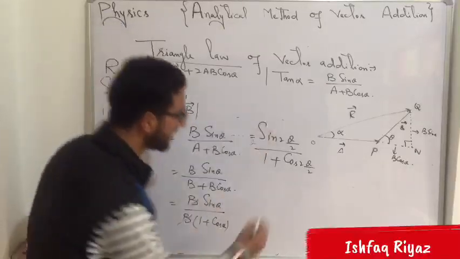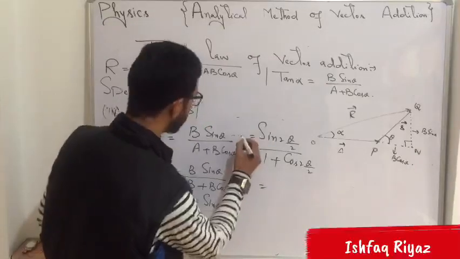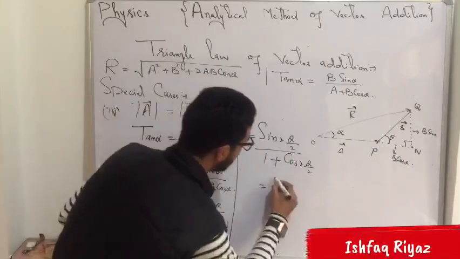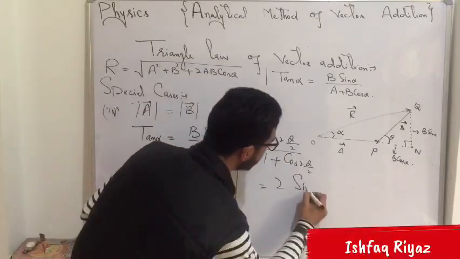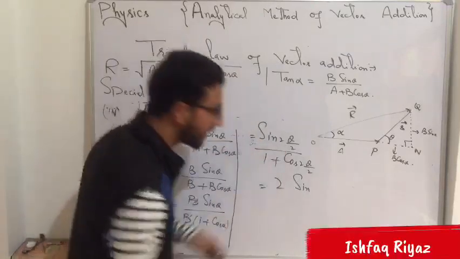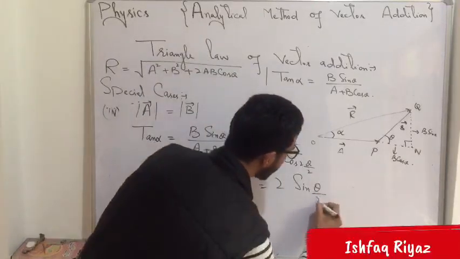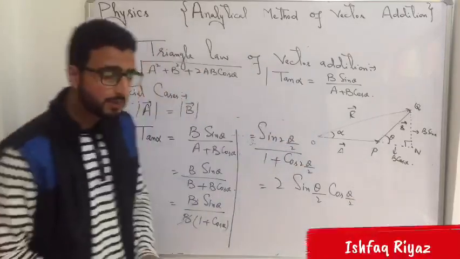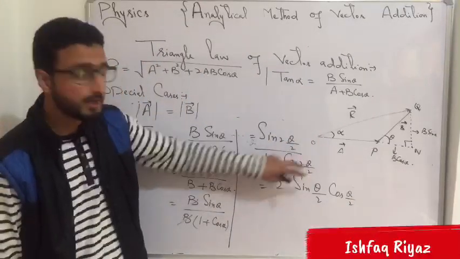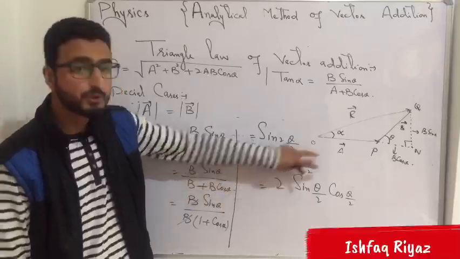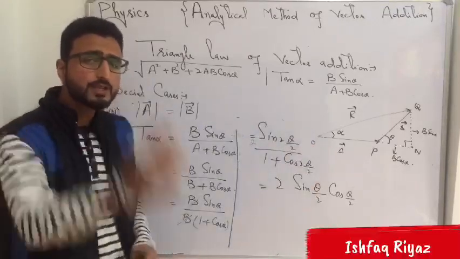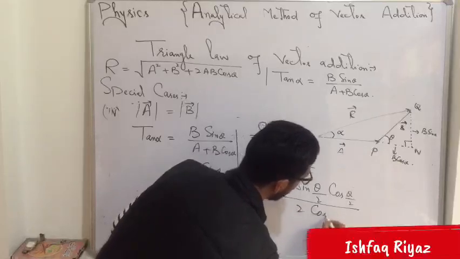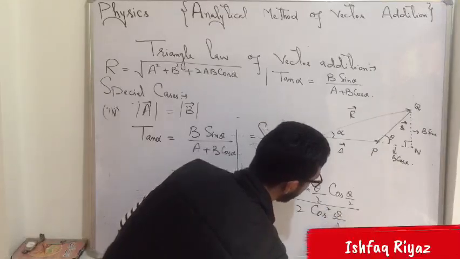So this is basically tan of alpha on LHS. Instead of sin theta, here with theta by 2, this is twice sin theta by 2 cos theta by 2. I just told you the formula 1 plus cos of 2 theta is equal to twice cos square theta, but here I will write twice cos square theta by 2.